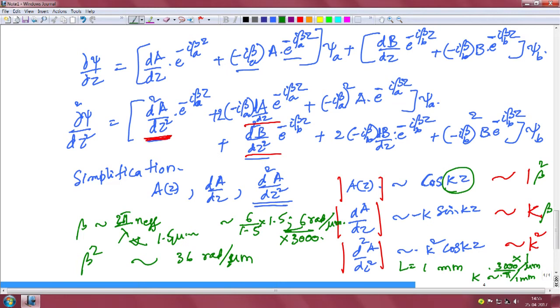So the product beta into k is of the order of 18,000 radians square per micrometer square.